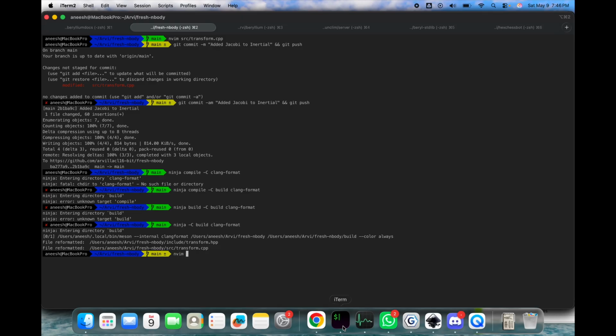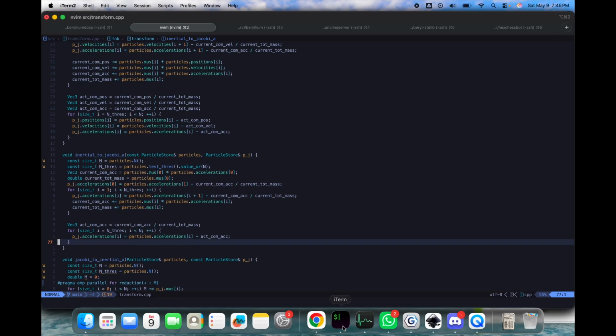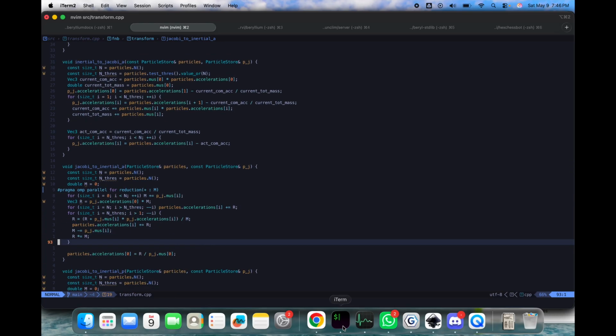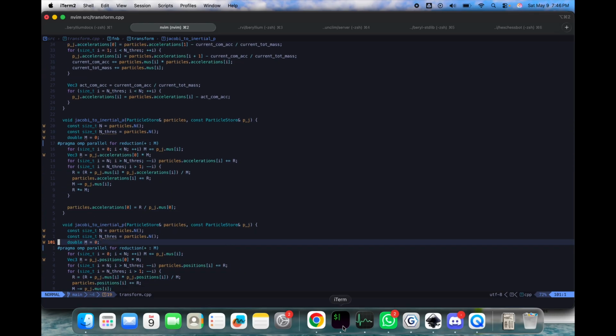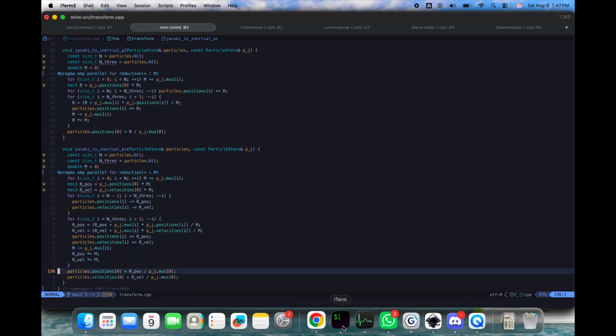Let's check out what it did. C/transform.cpp. Wait, this thing has opinions on the reduction syntax? That's weird. Okay. I guess it wants that. I'll take it.